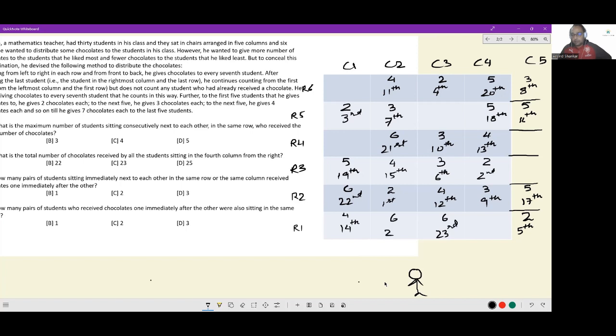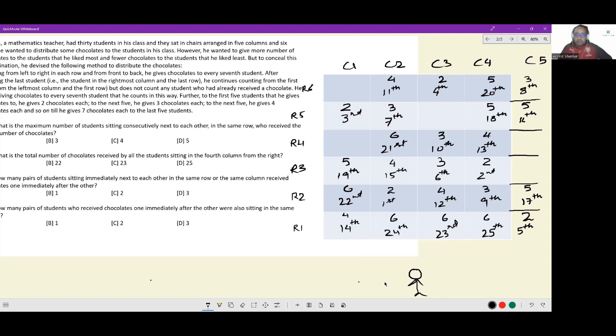This is the 24th person to receive it. 1, 2, 3, 4, 5, 6, and 7. This is the 25th person to receive it.